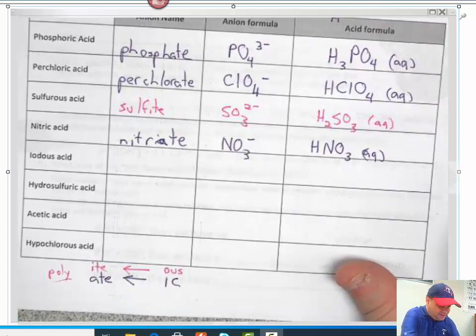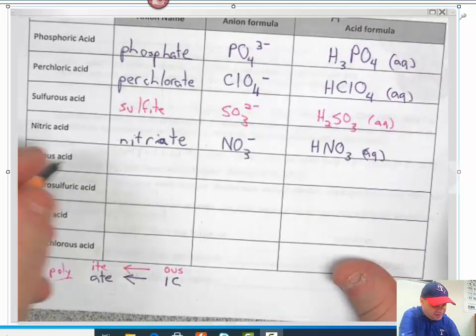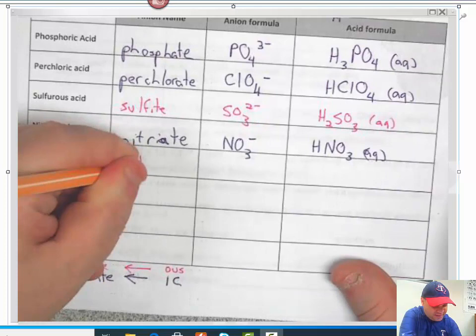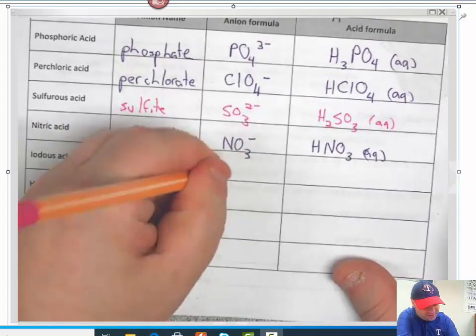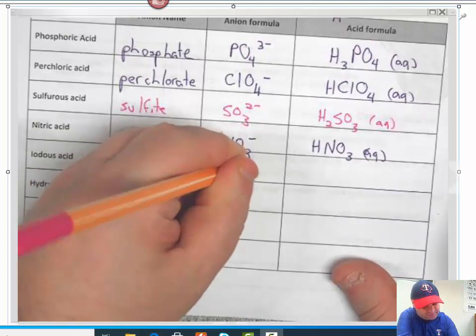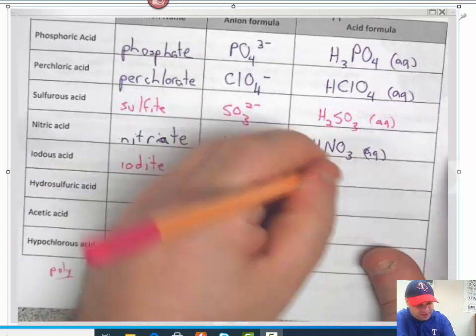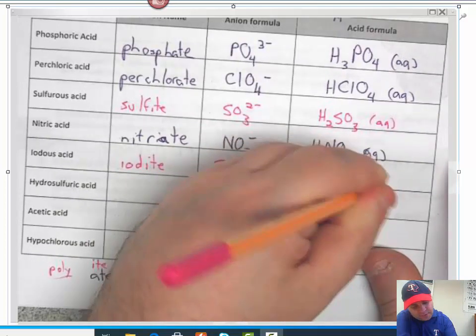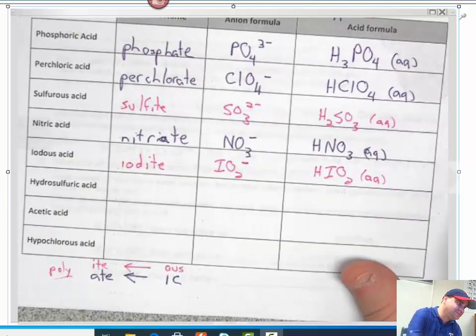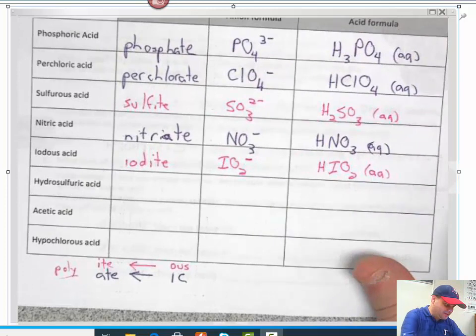Okay, iodous acid. So ous came from ite, so this is iodite. Iodite is IO2-. So this would be HIO2, because plus 1 and minus 1 equals 0. Okay, now we got to one of these hydro ones here.